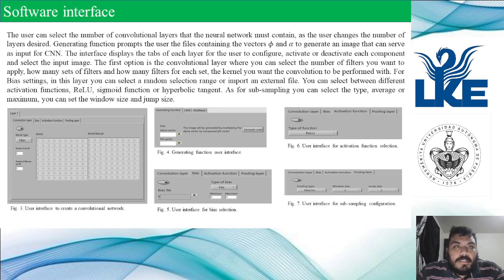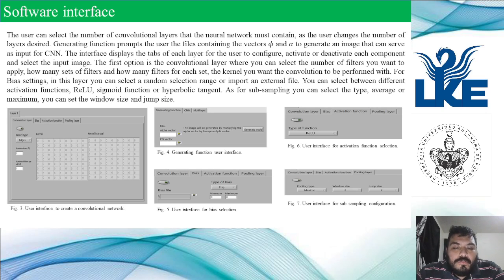Well, this is the software interface. The interface displays tabs for each layer for the user to configure, activate or deactivate each component, and select the input image. You can use the generation function to generate an image that can serve as input for the convolutional neural network.